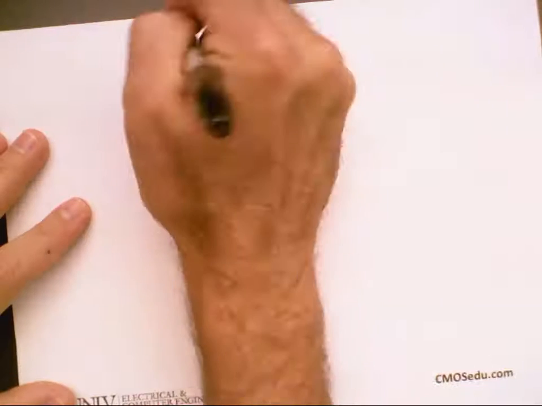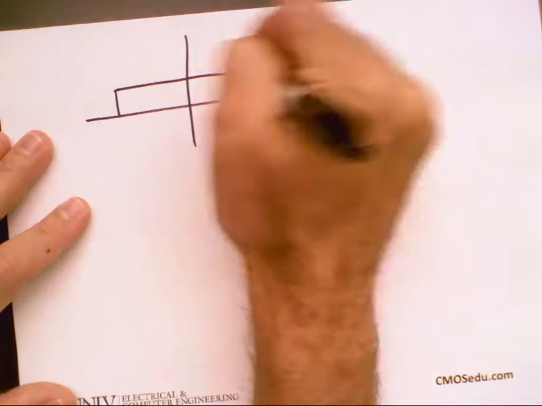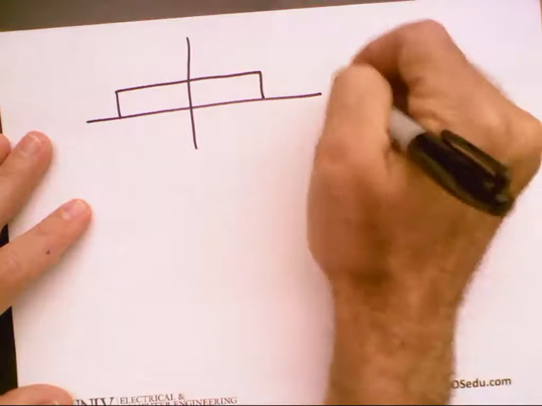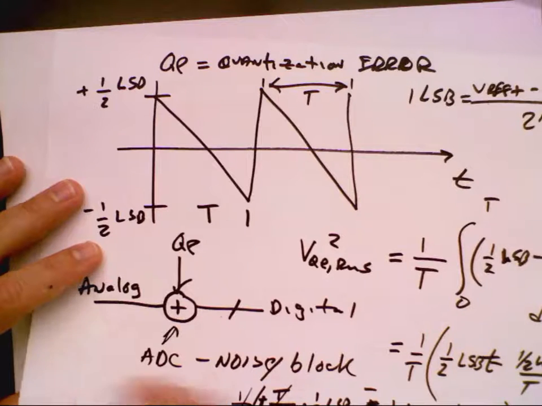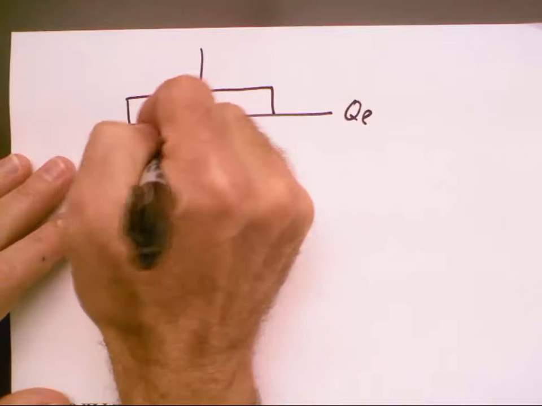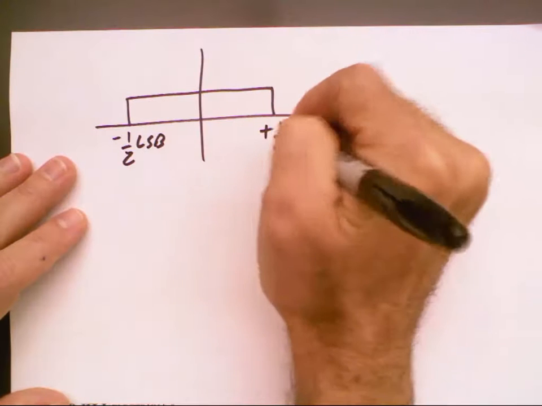So I'm going to write the probability density function. And again, this has nothing to do with spectral characteristics, as looking like this. This is the PDF. And so it's a constant probability, and this is the quantization error. And what is the range of the quantization error? Yeah, minus 1/2 to plus 1/2 LSB.